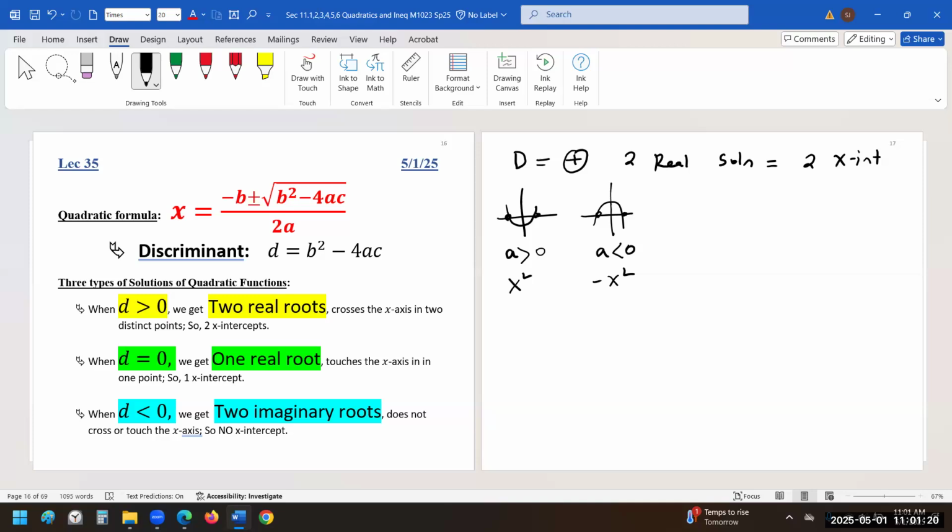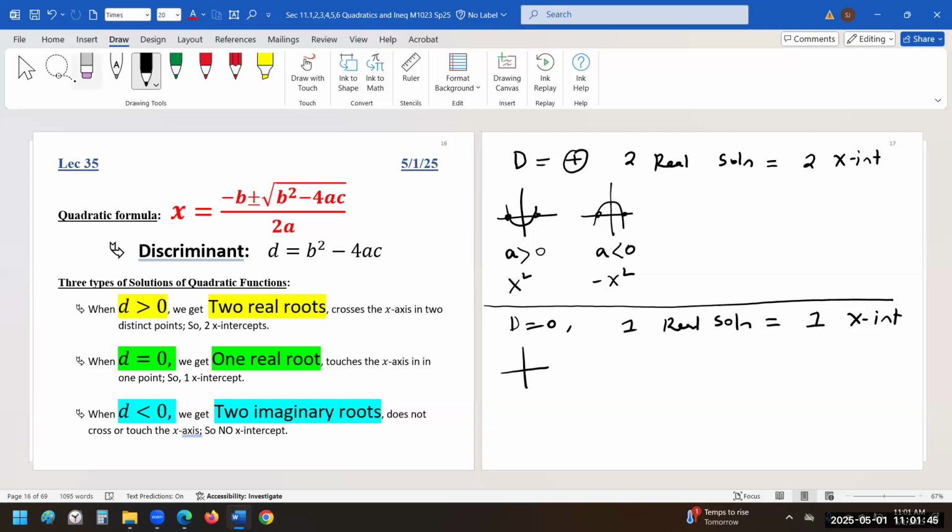And when we have our discriminant 0, exactly 0, that means we have 1 real solution. It means we are touching the x-axis only once. So we have 1 x-intercept.